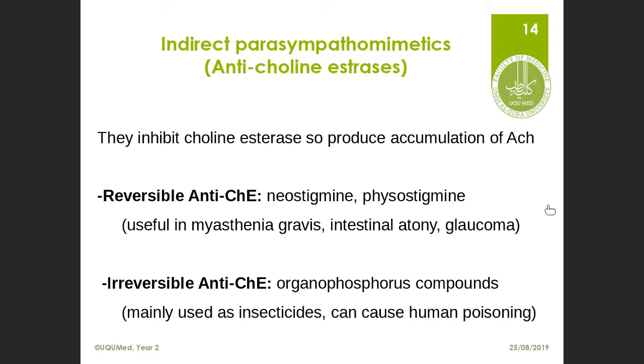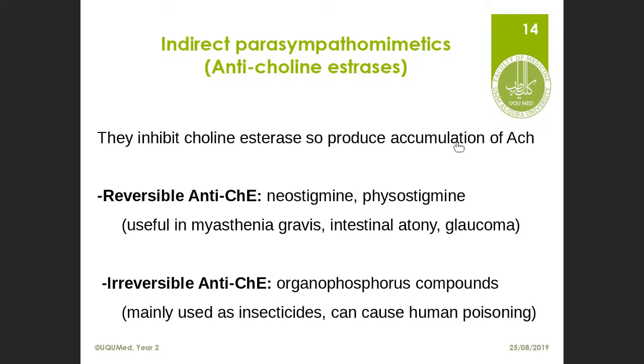We are coming towards the indirect parasympathomimetics, and I think Miss Jemina or Jemama can find the answer to her question. Indirect parasympathomimetics are also called anticholinesterases. As I told you earlier, the enzyme called cholinesterase degrades the excessive acetylcholine in the synaptic cleft once it has produced all its pharmacological or biological actions.